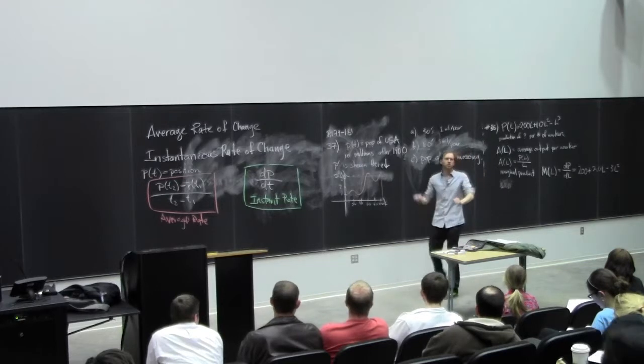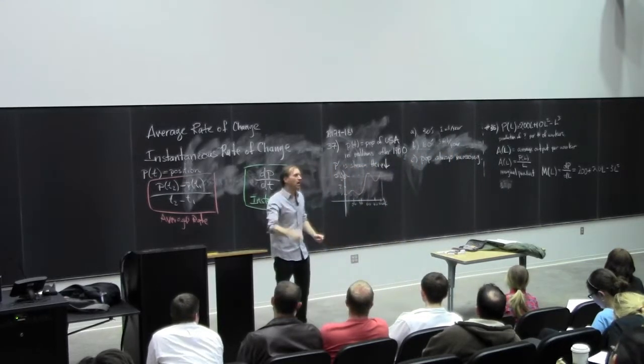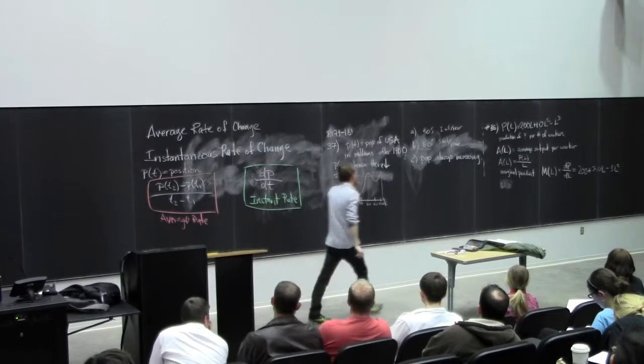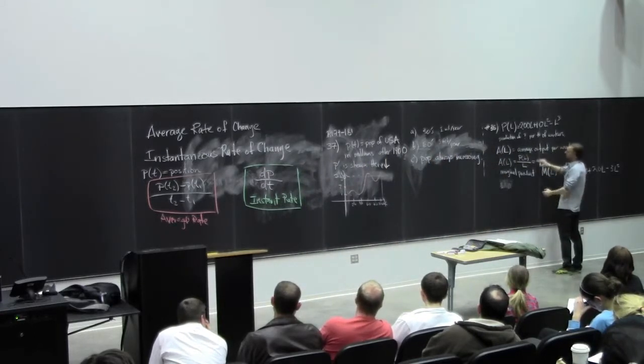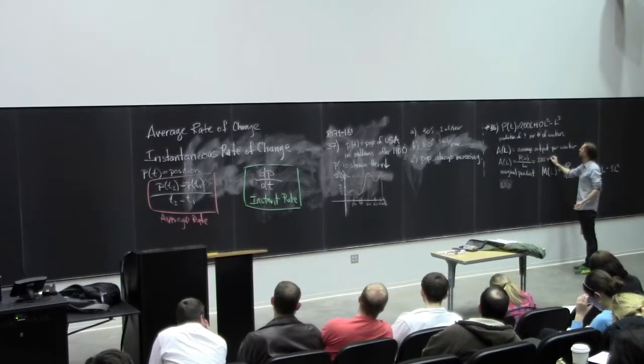What you want to do is you add workers and you try to figure out how many workers gives you the best average production. Does that make sense? You put more workers in and then you compute P of L. What's P of L divided by L, by the way? We can compute this, can't we? It's 200 plus 10L.